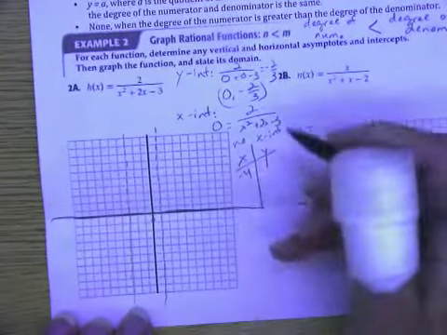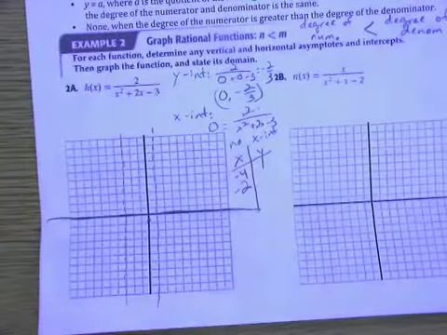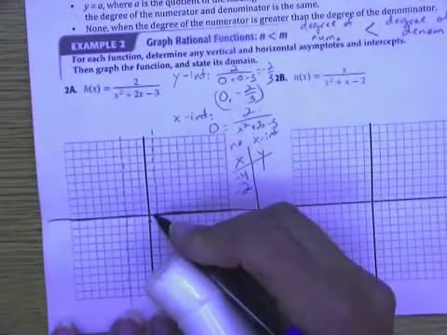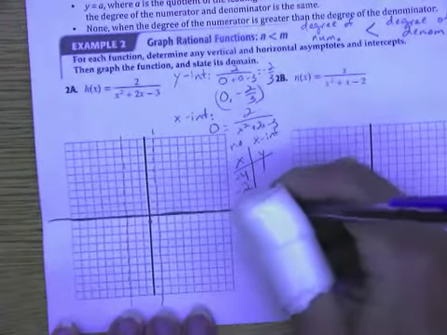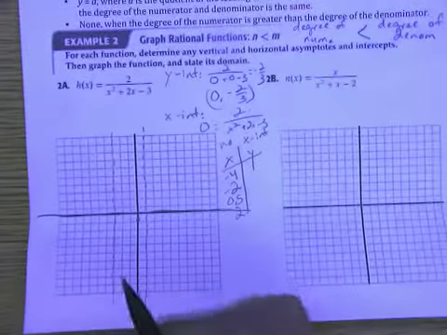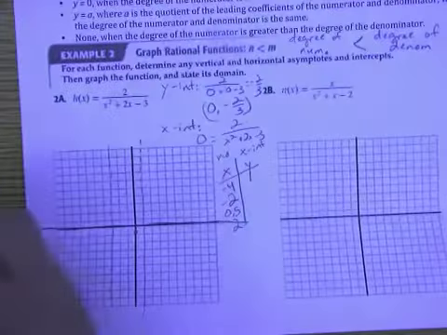I want to see what's happening maybe at x equals -4. I'd like to see what's happening between this y-intercept and this asymptote, so maybe let's plug in -2.